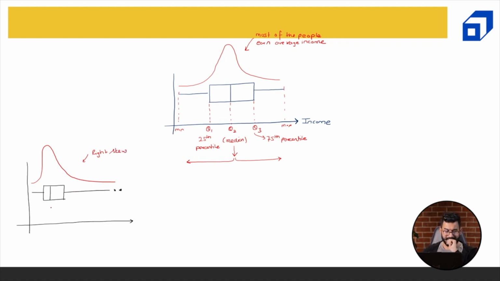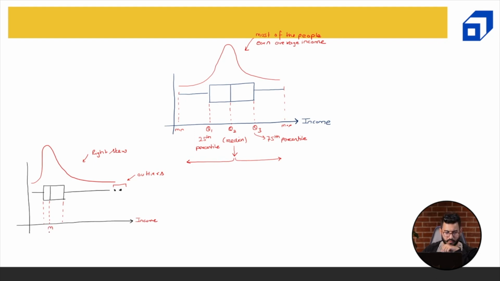So this basically means the majority of the customers are on the lower scale. So if I consider this x-axis to be income, most of the customers are earning low income, while these 2 points are nothing but your outliers. So box plot can essentially help you to identify the outliers.